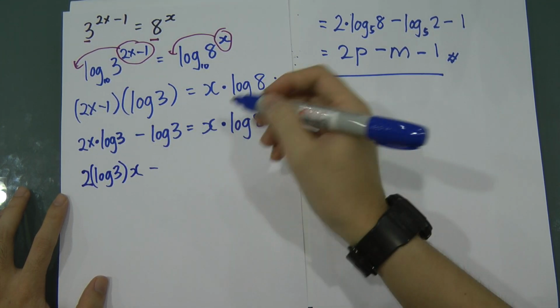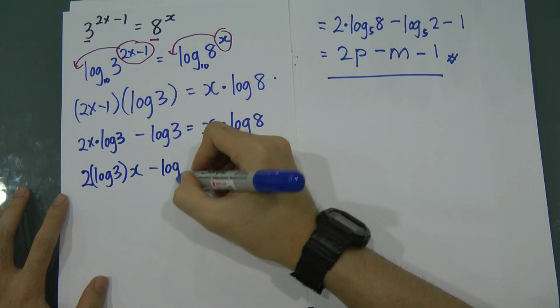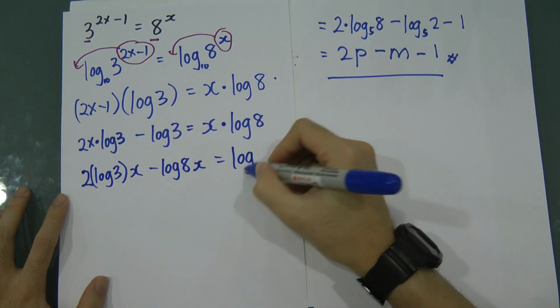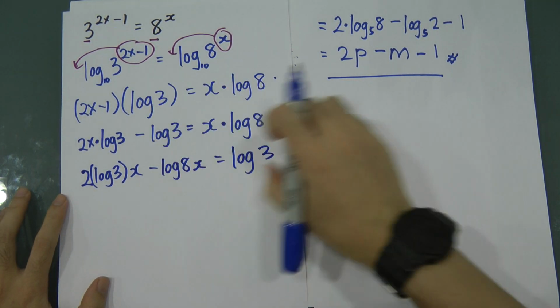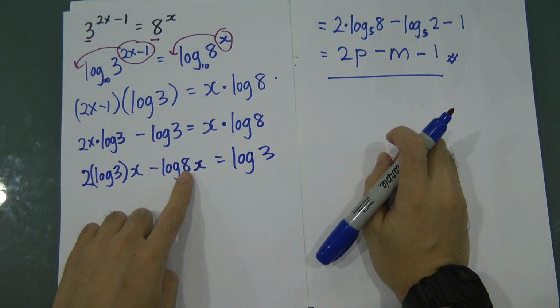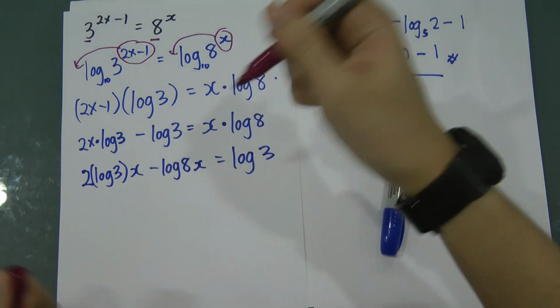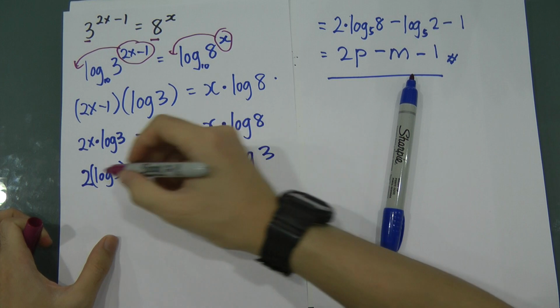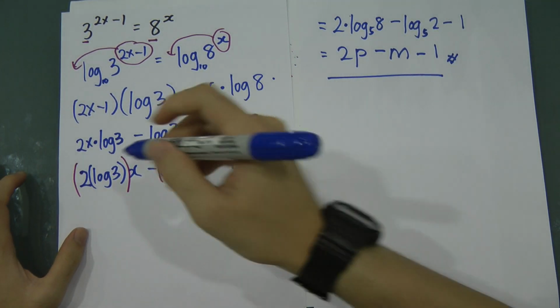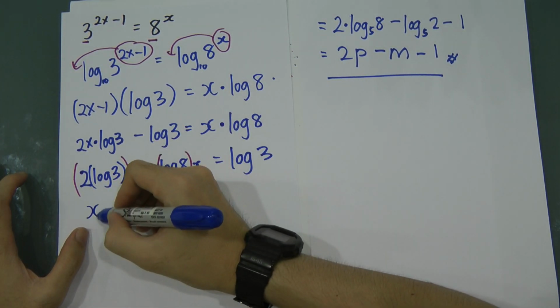Move this side, this one will become log 8x equals log 3, because minus log 3 will become positive, and this one moved to this side will become negative. I just switch their places because it's easier for me to see, because this is the coefficient of x, this is a coefficient of x. Do you see that? Then I just factorize out my x.